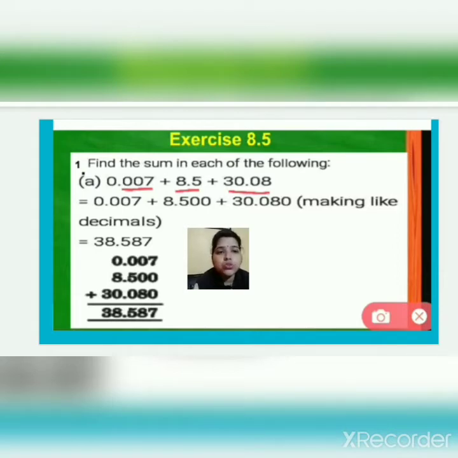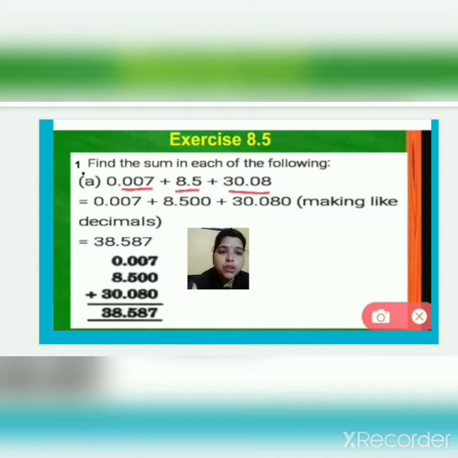It means all should have the same number of digits after the decimal point. So we will increase the number of zeros. The first one is 0.007 and the second one is 8.500. It means we have added 2 zeros to make the digits after the decimal point equal. And next we have 30.08.